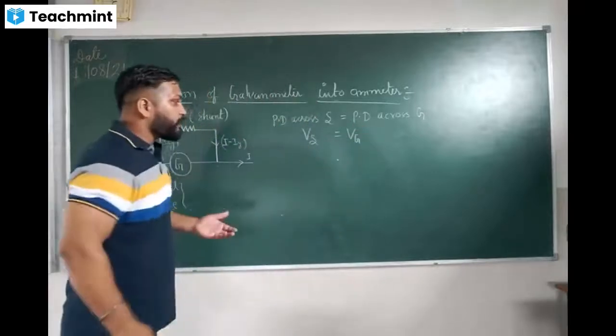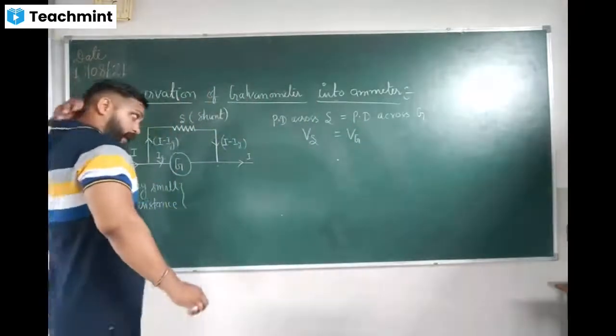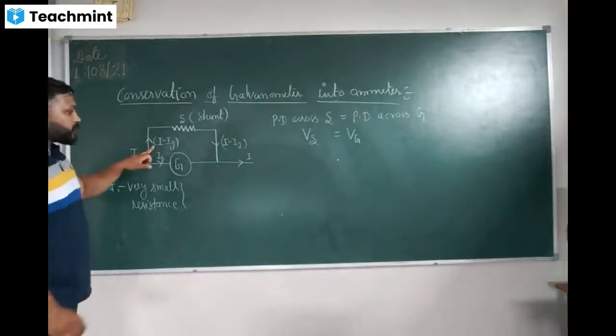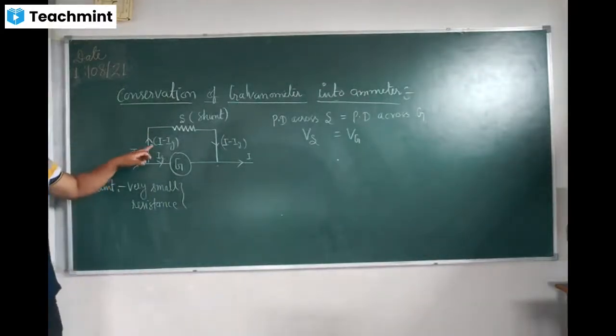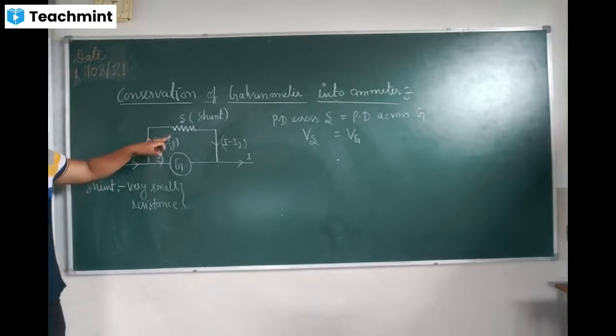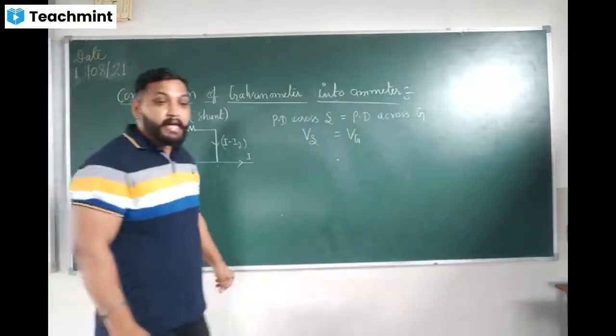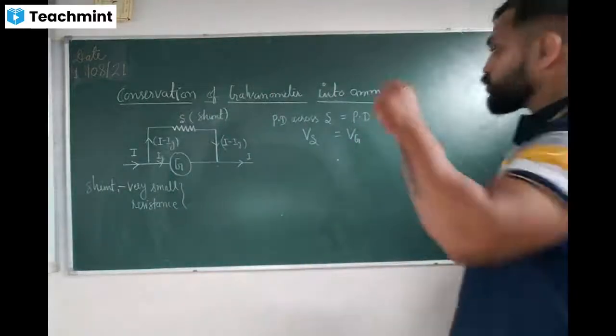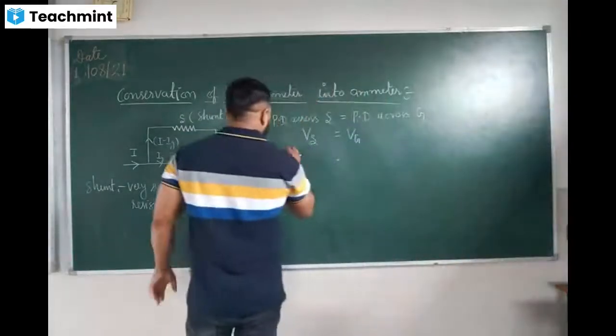Now if you apply Ohm's law, V equals IR. Whenever we talk about the shunt resistance, I minus Ig current is passing through S. So what can I write here?